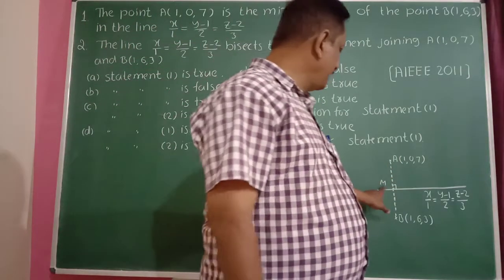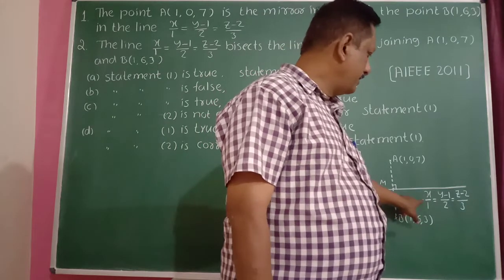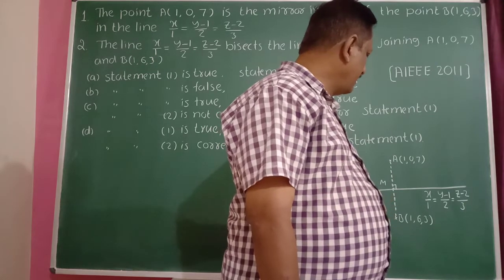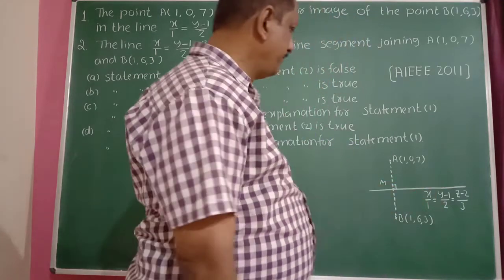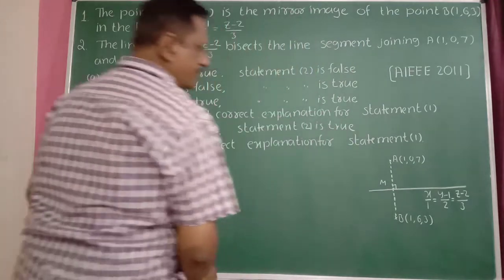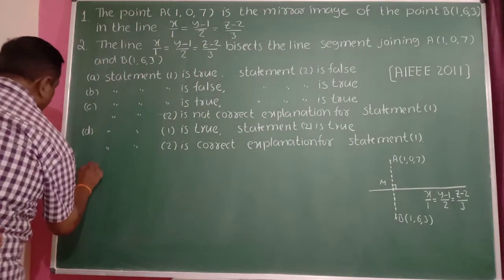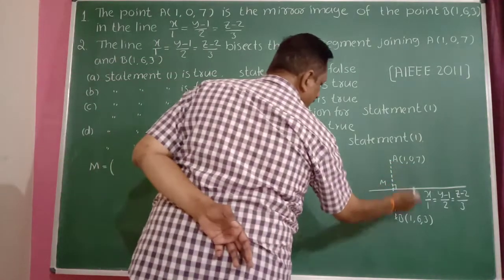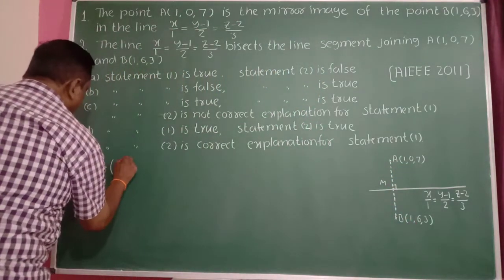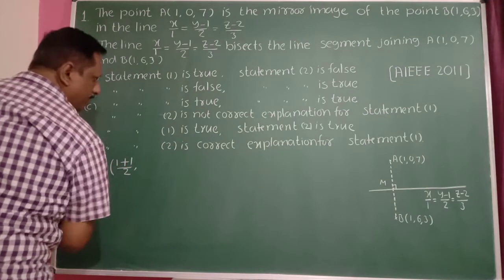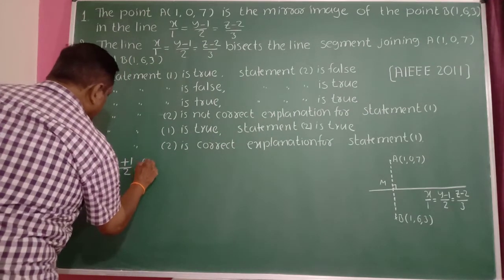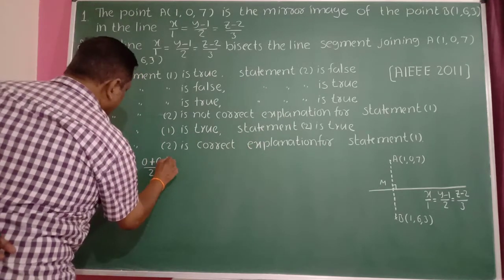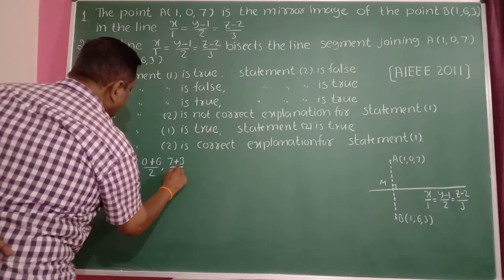If this midpoint M lies on the line here, then obviously AB and the line bisect at the point M. So M is equal to, using the midpoint formula, (1 plus 1) divided by 2, comma, (0 plus 6) divided by 2, comma, (7 plus 3) divided by 2.